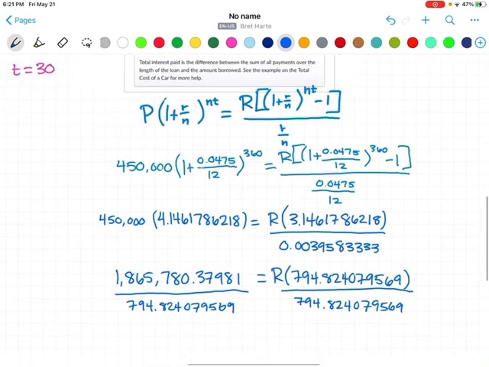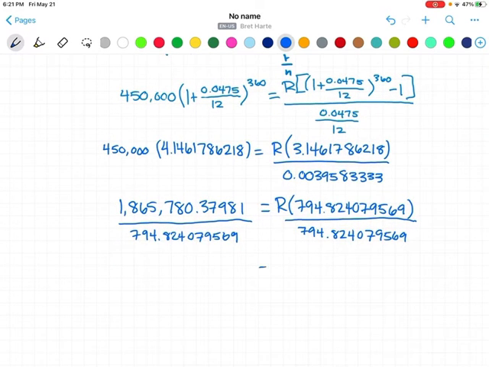R is equal to a giant number, 1,865,780.3791 divided by 794.824079569.